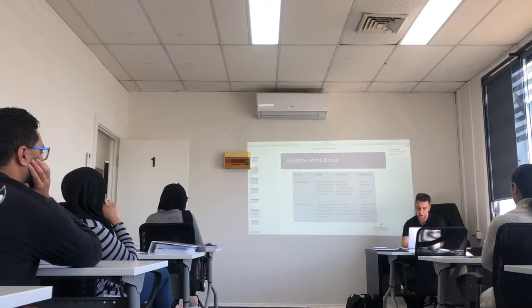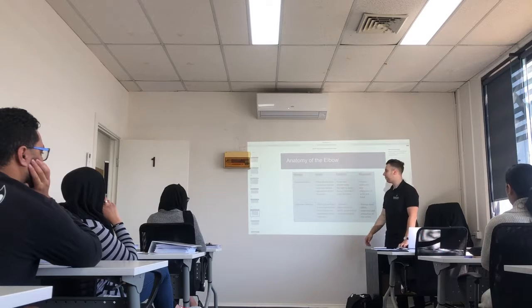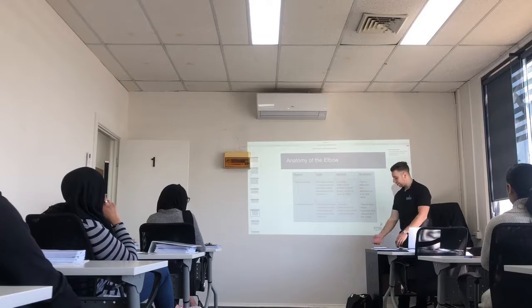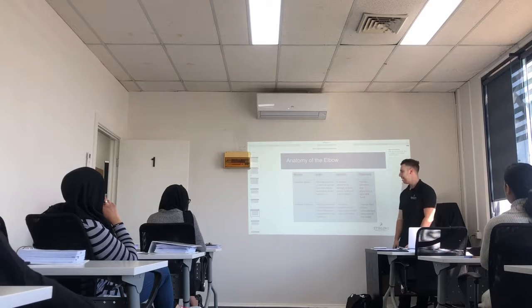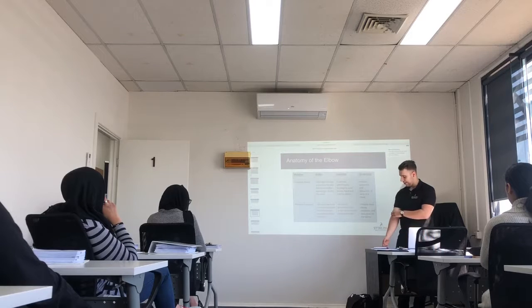Anatomy of the elbow, forearm flexors and extensors, what we were just talking about. Forearm flexors all originate from a common tendon from the medial epicondyle of the humerus. The medial epicondyle of the humerus is around here. And then forearm extensors are from a common tendon from the lateral epicondyle. The lateral epicondyle is around here as well.